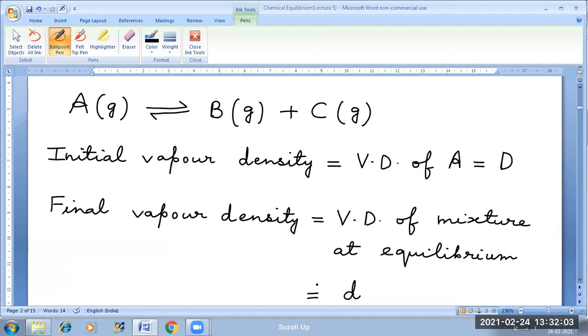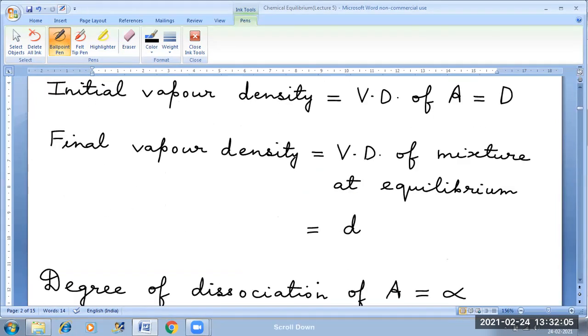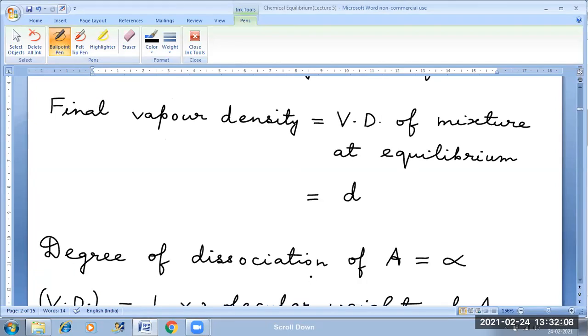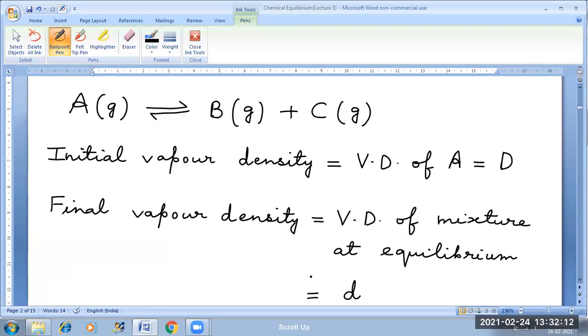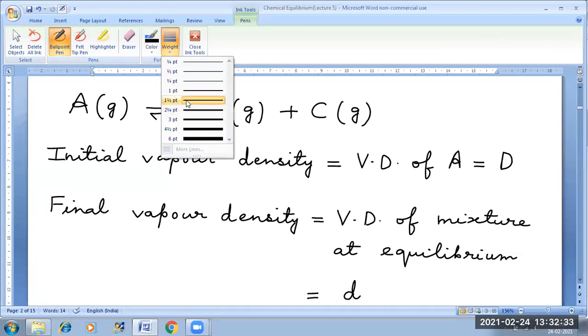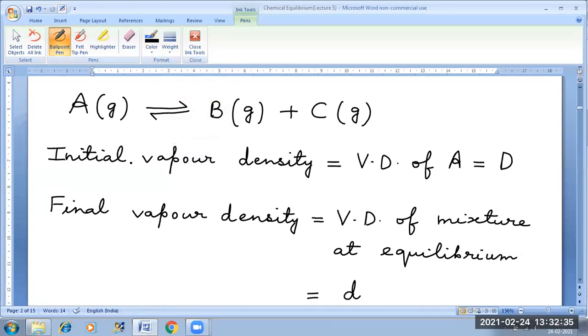Now, degree of dissociation of A is alpha. So this is the notation for degree of dissociation. It is alpha. What is degree of dissociation?